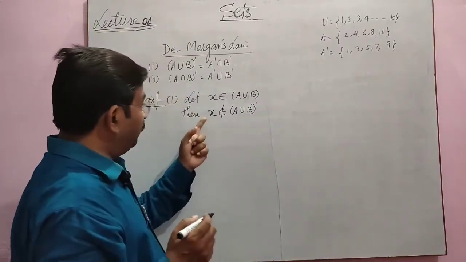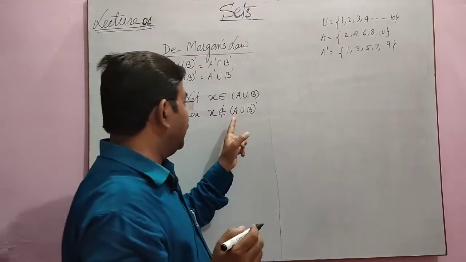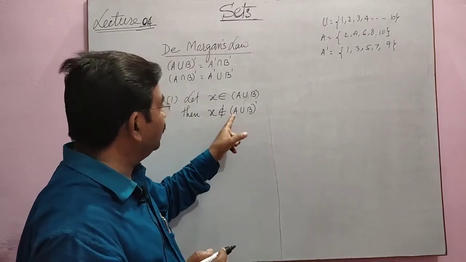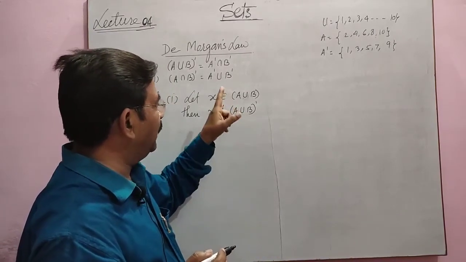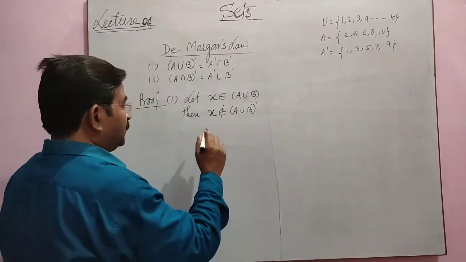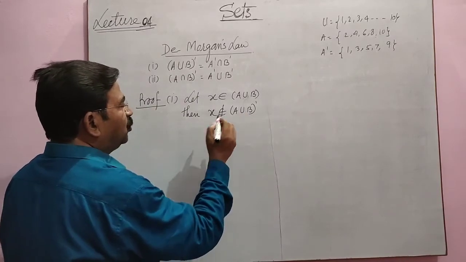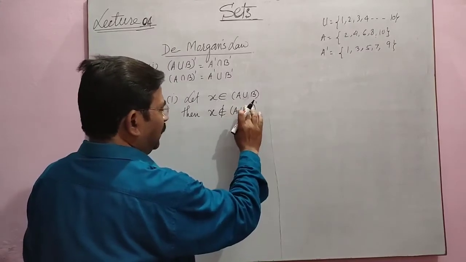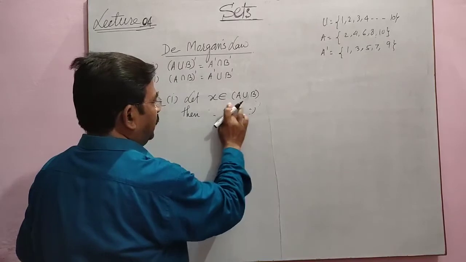Now see, if X does not belong to this set, it means X is not found in the complement of A, that is, not found in A and in B also. In other words, I am just removing this to make it easy, like this.